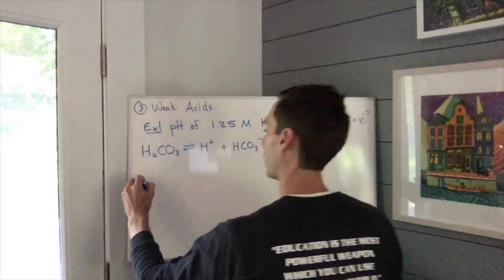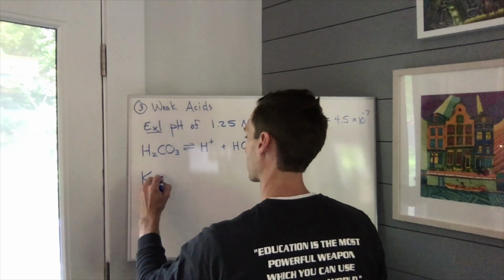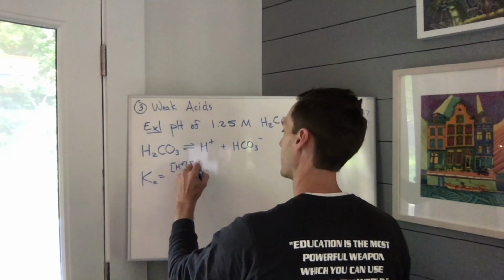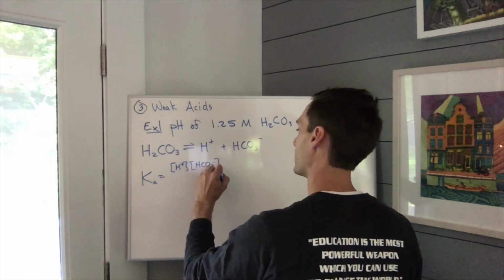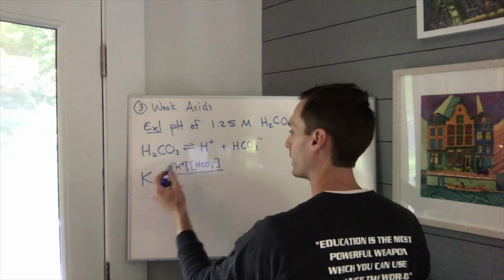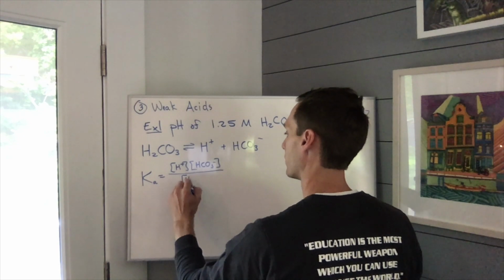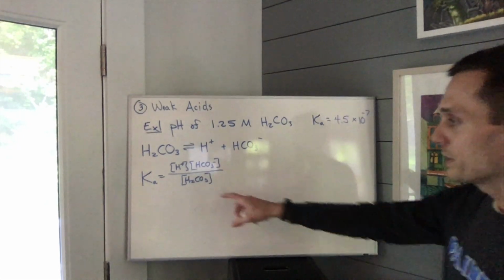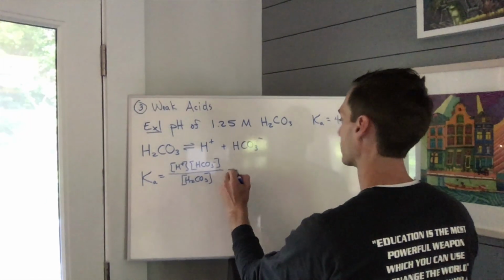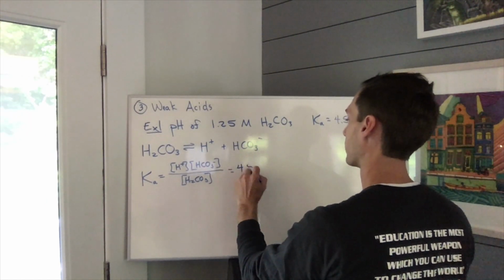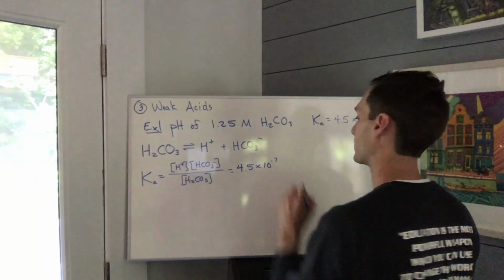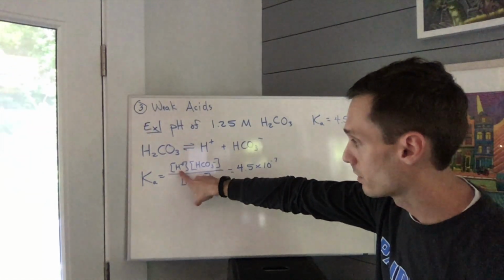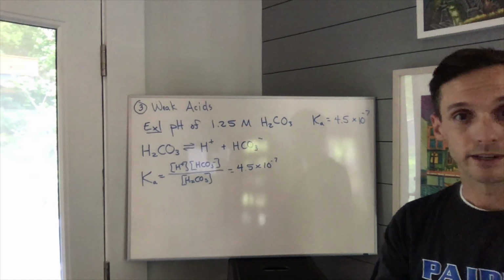So our Ka equation is going to be H plus ions times HCO3 minus ions, or the molarity of those ions, all over the molarity of carbonic acid. And we know this equals 4.5 times 10 to the negative 7th. So our goal is going to be to solve for that H plus molarity, okay?